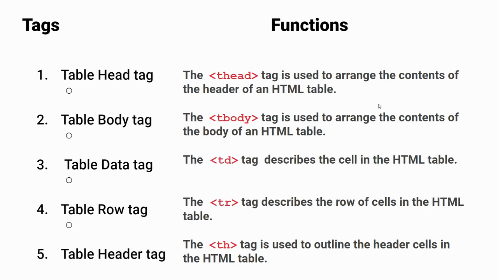That's why the table header tag is so important, because it outlines the header cells. Now, these cells are very descriptive. I think the table header tag and the table head tag have some similarities, but there are also some differences too, which will be explained when we get into the actual coding.